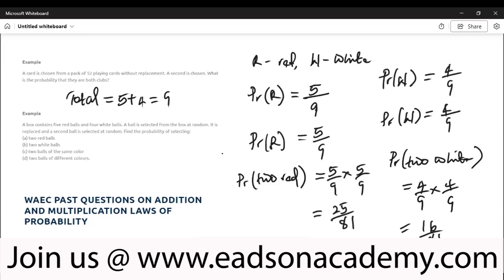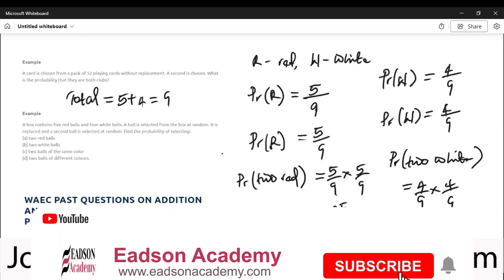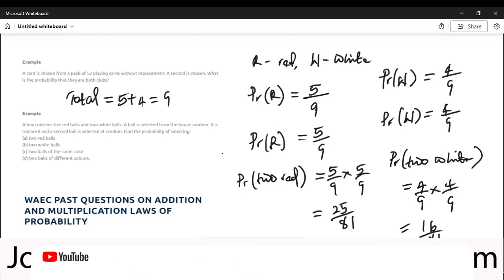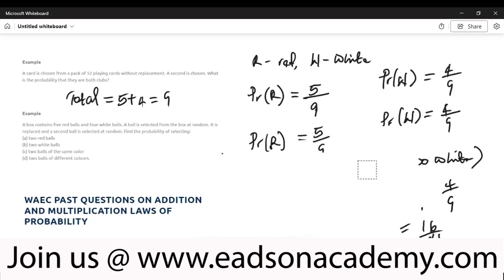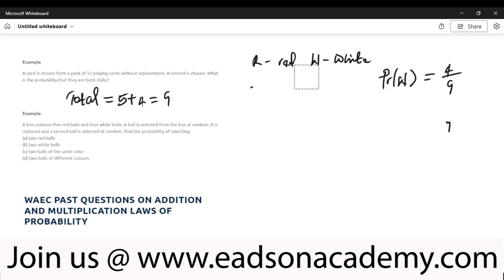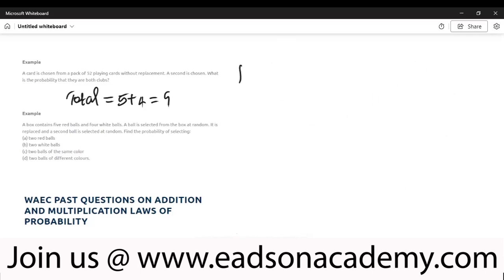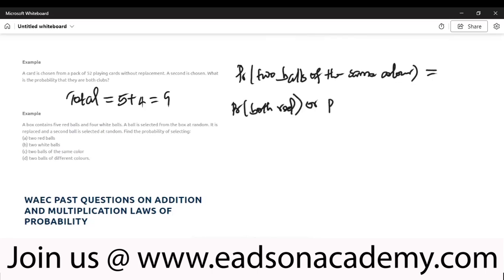Then question C says 2 balls of the same color. Now that question is quite different from what we have shown already. It could be that the 2 are red, both of them are red, or both of them are white. So the probability of 2 balls of the same color is equal to the probability that both are red or the probability that both are white. Now, we already know the probability that both are red. Unfortunately, I cleaned it.